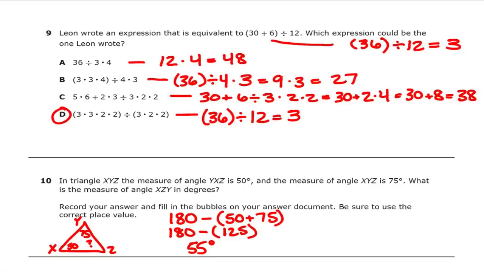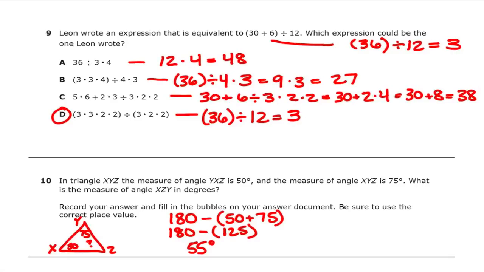As you can see, for the corner of YXZ, I have 50. And then for the angle of XYZ, I have 75, which means I need to find the other angle. For triangles, everything adds up to 180. So you want to have 180 minus the other two angles. We have to add those two angles together.